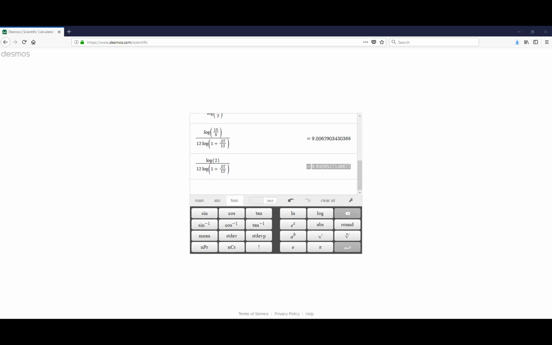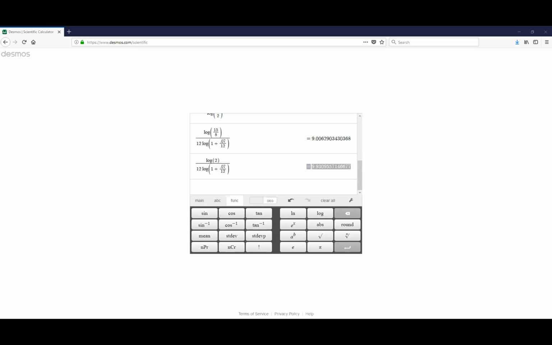Putting that in our log form, the exponent 12t equals the log base 1 plus 0.08 divided by 12 of 5/4. We divide both sides by 12, and we have the log of 5/4 base 1 plus 0.08 divided by 12.